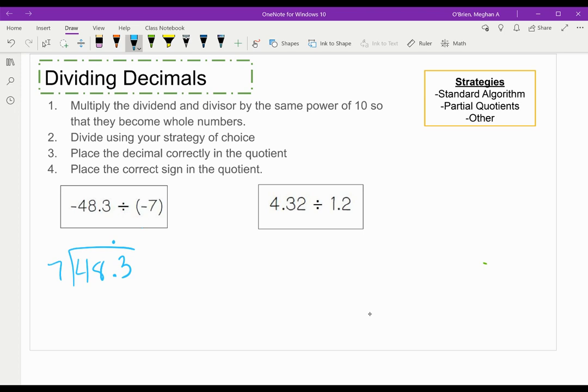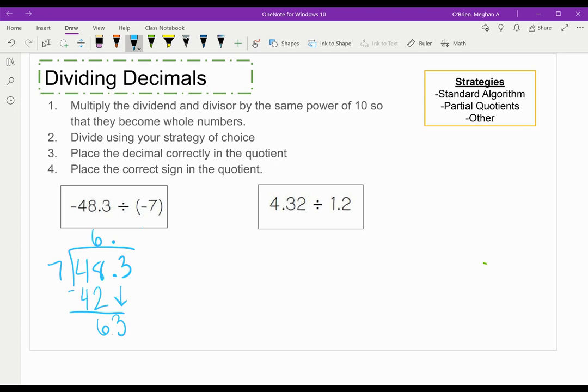So 7 goes into 48 6 times because 6 times 7, or 6 groups of 7, is 42. And the difference there would be 6. I was 6 off from being able to fit in another full group. And then I will bring the 3/10 down. Right now it's technically 6 and 3/10.